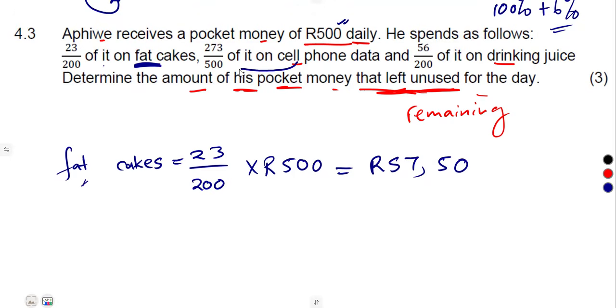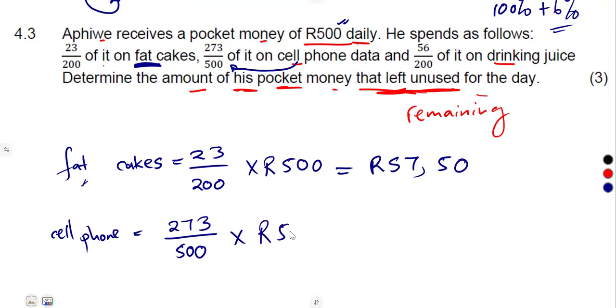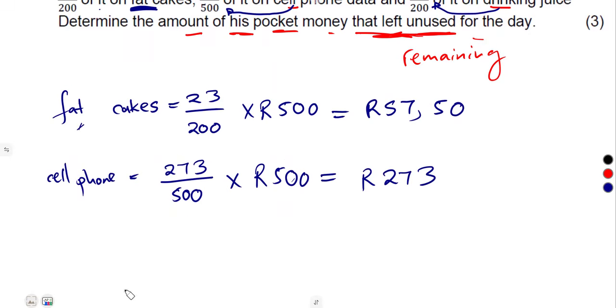Then the cell phone, it is what? For the cell phone, we are given that it is 273 over 500. So 273 over 500 of the total amount of money that he is having. So use your calculator again. You are going to get 273 rand. And drinking juice, 56 over 200 for the drinking juice.